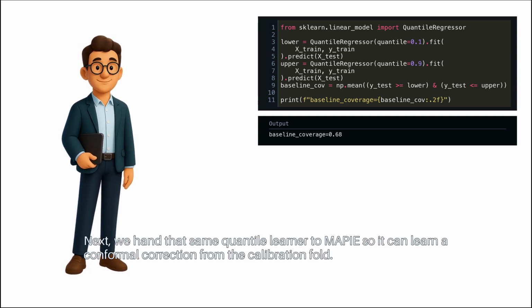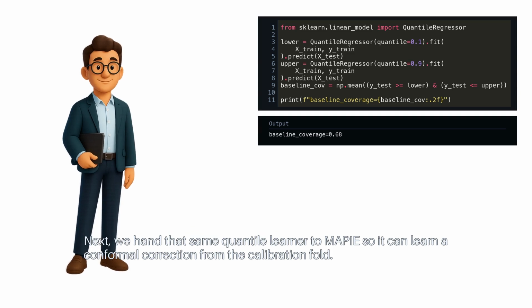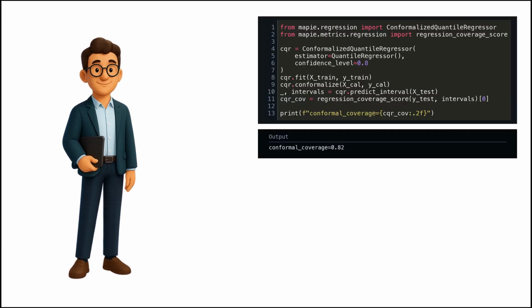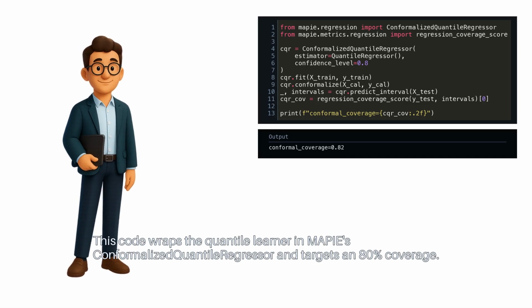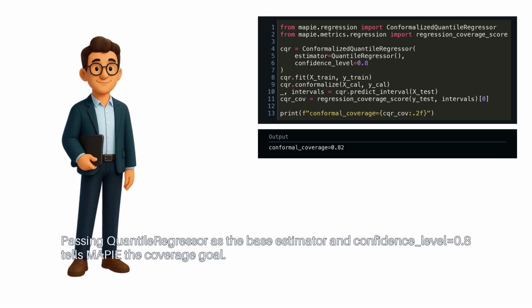Next, we hand that same quantile learner to MAPIE so it can learn a conformal correction from the calibration fold. This code wraps the quantile learner in MAPIE's Conformalized Quantile Regressor and targets an 80% coverage. Passing QuantileRegressor as the base estimator and confidence level equals 0.8 tells MAPIE the coverage goal.